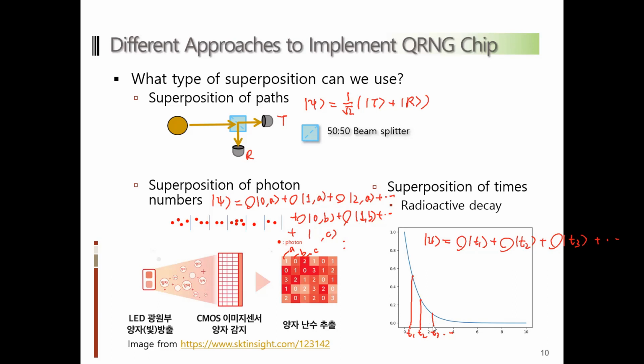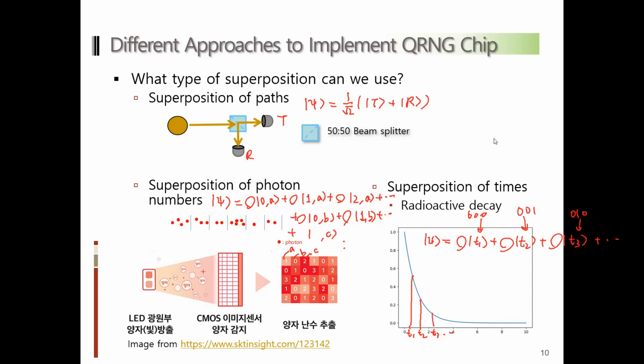Once we measure the time, we might assign a value like 000, or 001 and 010 and so forth. Even if we are measuring the timing, it can be considered as a random number, and the source of the randomness of this process comes from quantum mechanics. So we can call it a quantum random number generator.